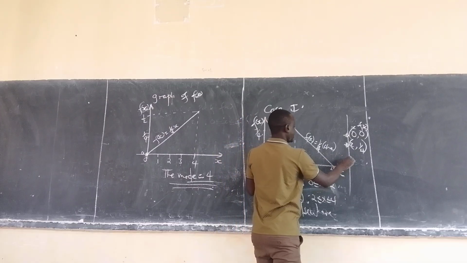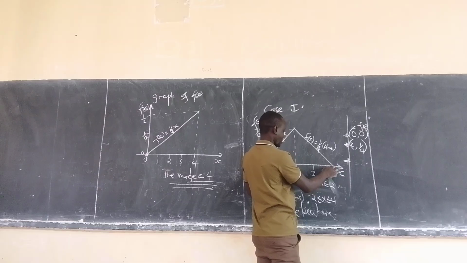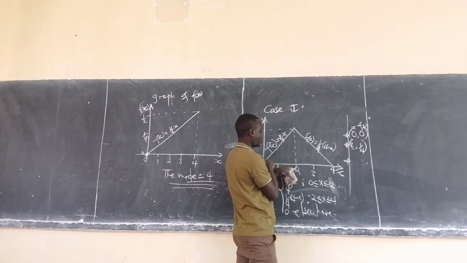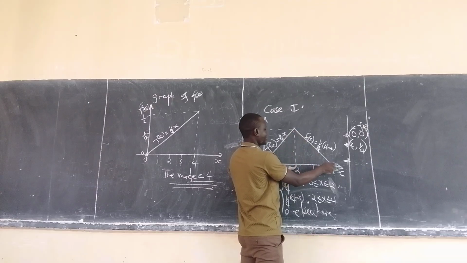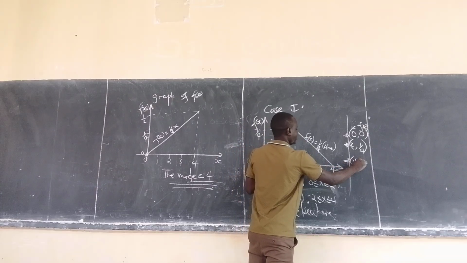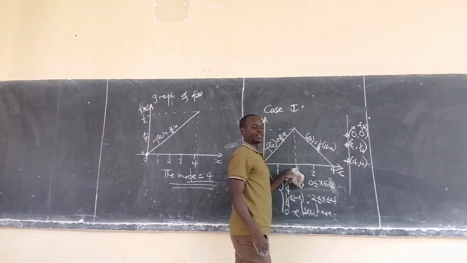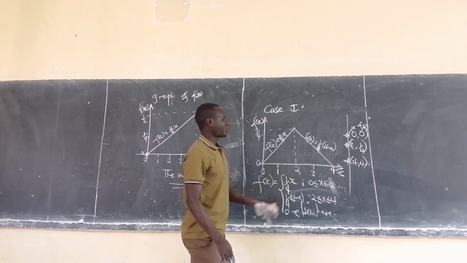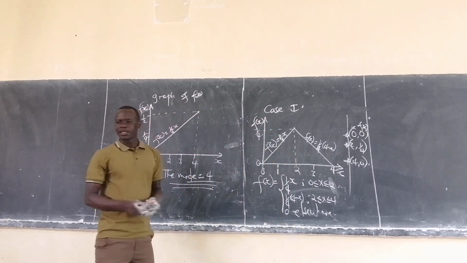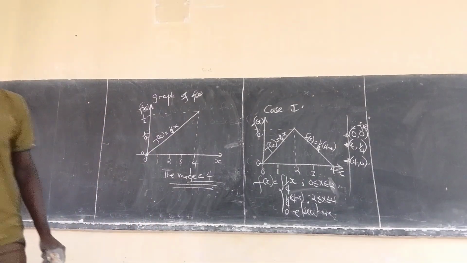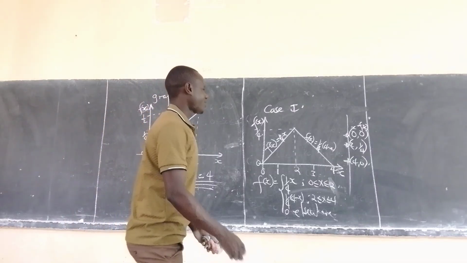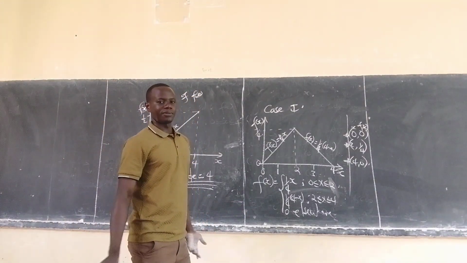Now when x is 4, this is now from 2 to 4. I've read this, I'm now reading this. When x is 4, f of x is 0. Then you look at all those coordinates and you spot the point that has the highest value of f of x, and its x coordinate will be the mode.